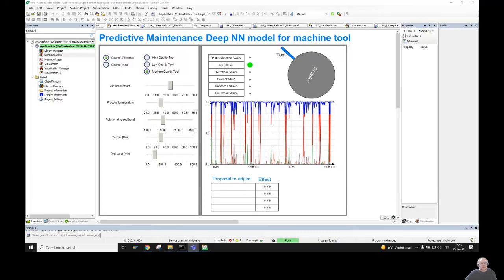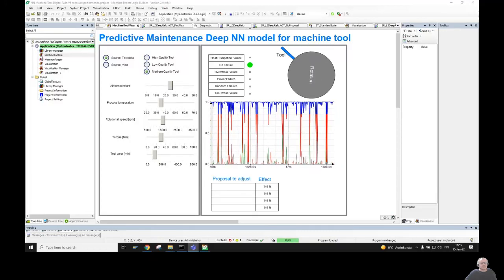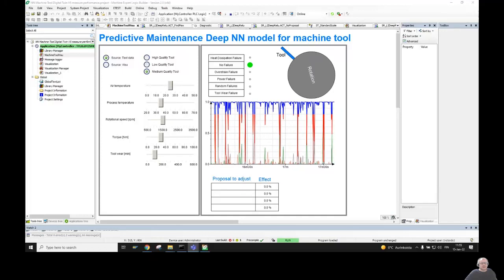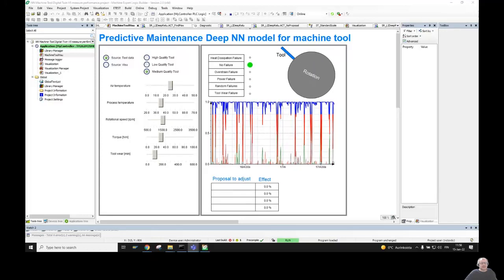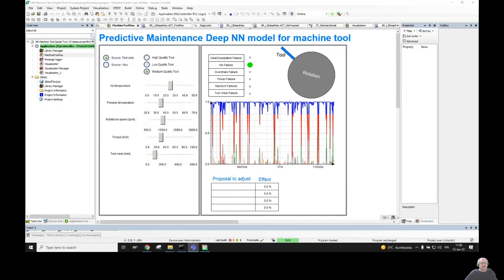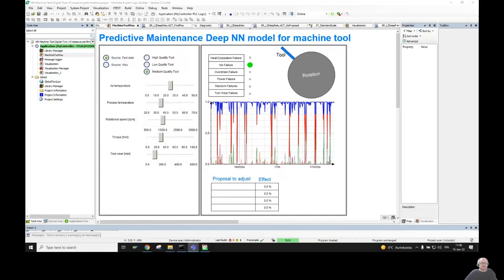It also includes IIoT protocols for cloud connection. So you have basically everything to run a machine in modern days.